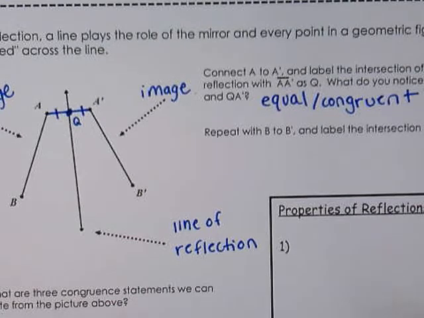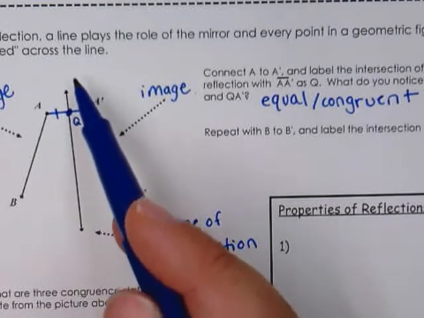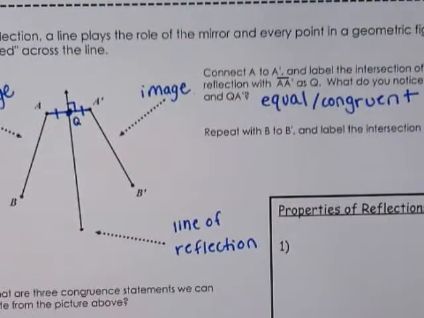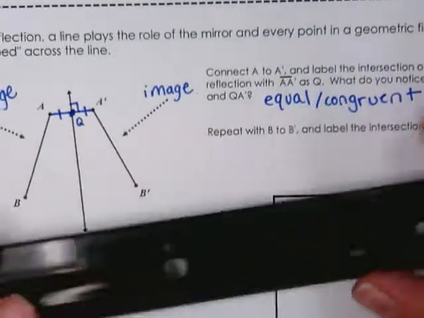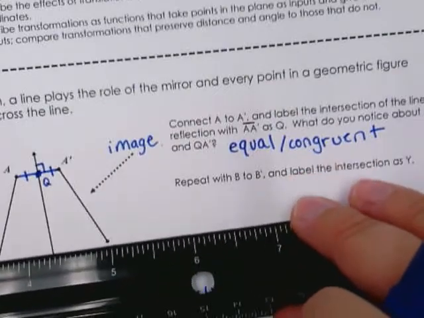Another thing that's true is that AA prime and this line that Q is on meet at a 90-degree angle. They are perpendicular lines. It says now repeat with B to B prime. So I'm going to use my ruler again and draw the line between B and B prime.